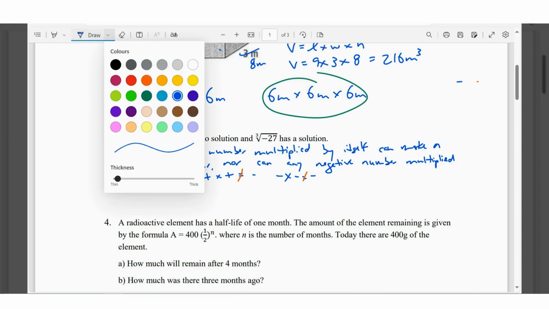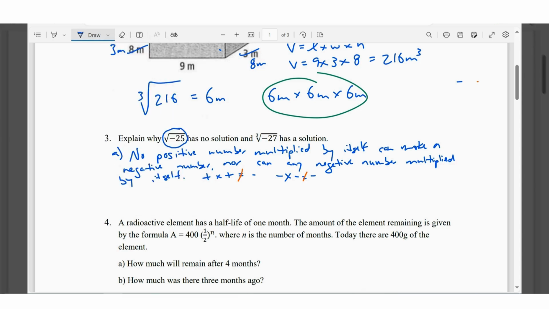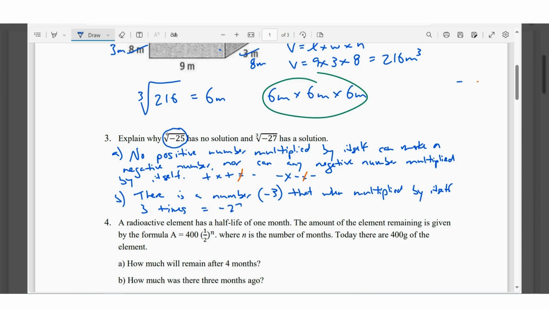But cubed roots, as you know, what number times itself 3 times can equal negative 27? And so you could say there is a number, negative 3, that when multiplied by itself 3 times equals negative 27.